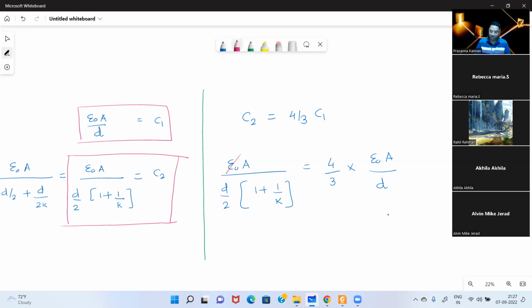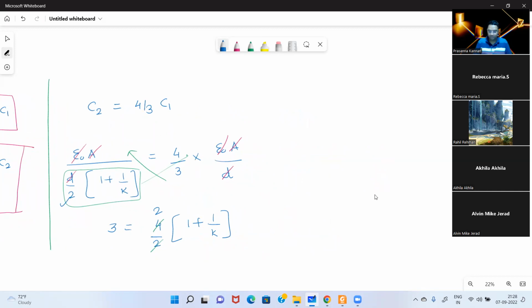So what all will cancel? Epsilon naught will cancel, A will cancel, D will cancel. If I cross multiply this, 3 will come here and this whole thing will come here. So 3 will be equal to 4 divided by 2, into 1 plus 1 by K. 4 by 2 is 2, so this 2 I can bring down.